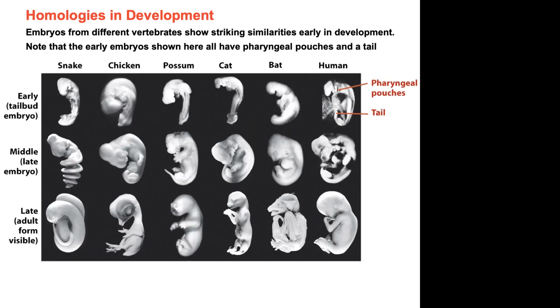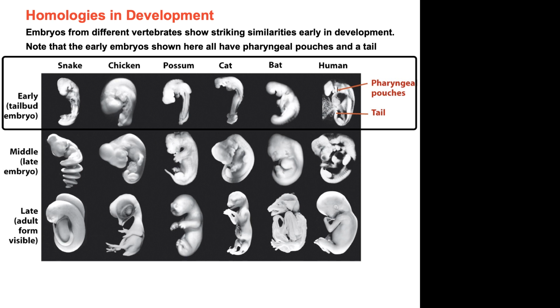If you look at development, there are many homologies during development, and this was first elaborated by Ernst Haeckel in the late 19th century. So if you look at snake, chicken, possum, cat, bat, humans, all vertebrates, right? You can see, in early development, some homologous structures, and in some cases, if I gave you one or the other, you would not be able to tell which one is which.